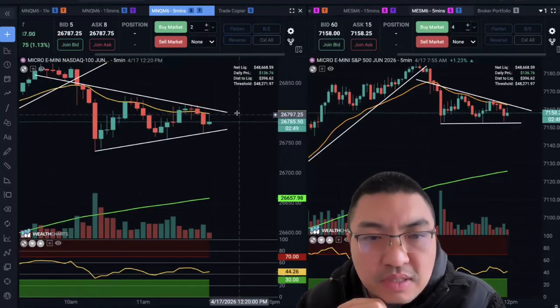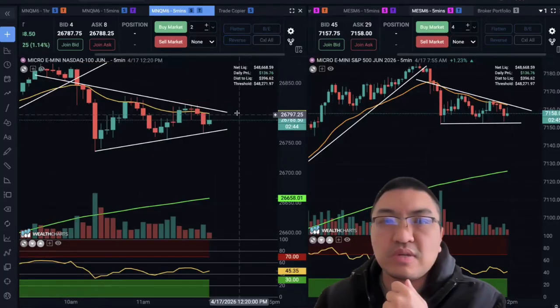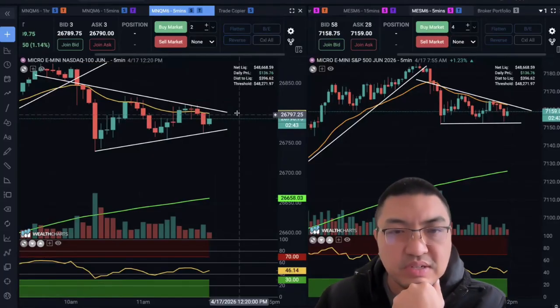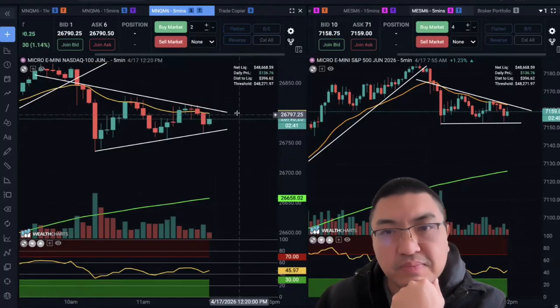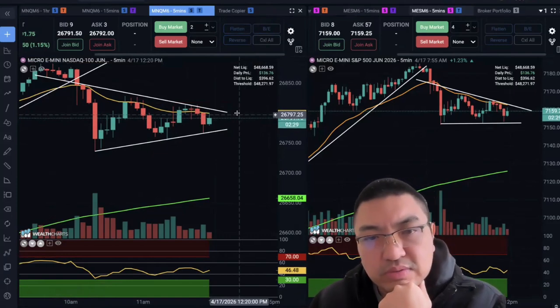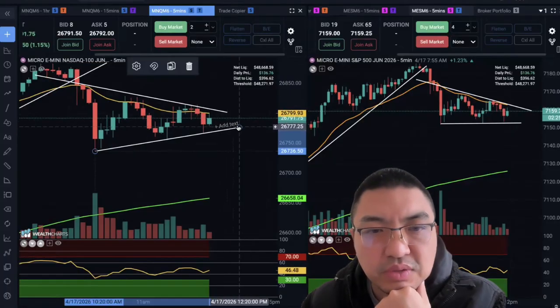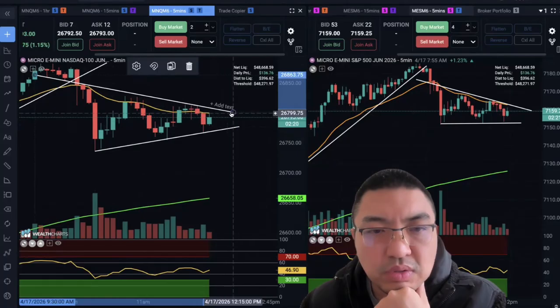Yeah, $33 is better than nothing. It's still sideways, it feels like, so it's better not to trade. Still sideways. So we'll figure out who's going to win.